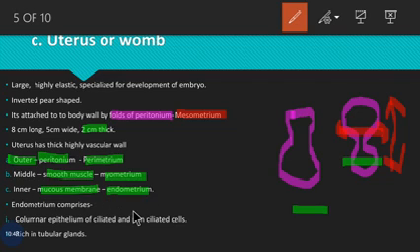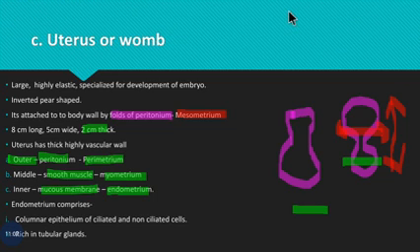The endometrium comprises different types of cells: ciliated cells and non-ciliated cells. It also has tubular glands, because the important function of the uterus is to bear and nourish the baby, and whatever that growing fetus demands must be supplied by the uterus or the womb, right?